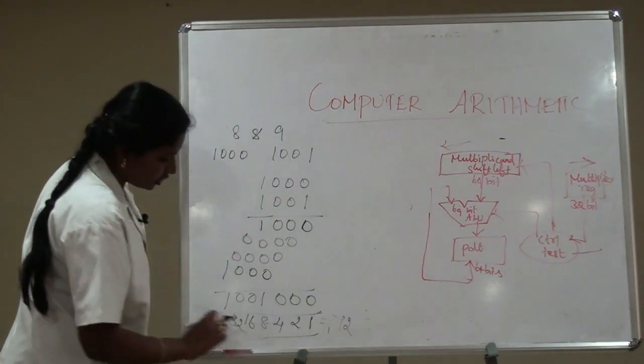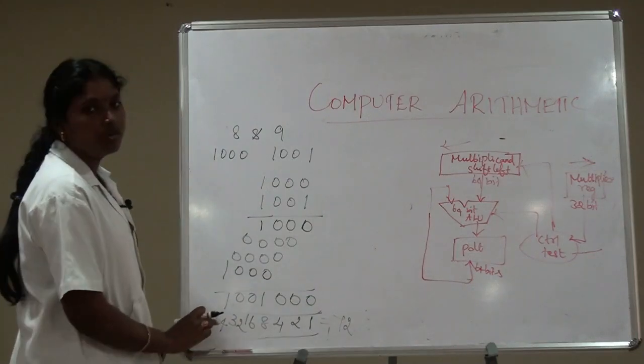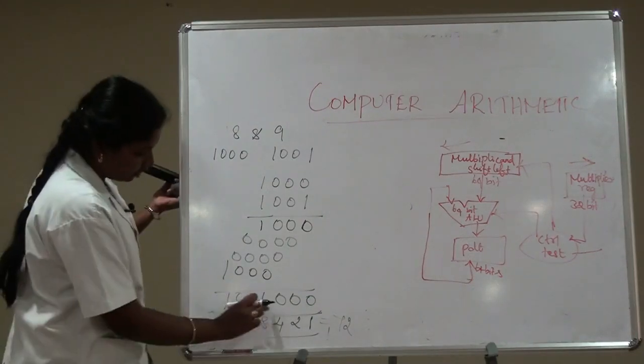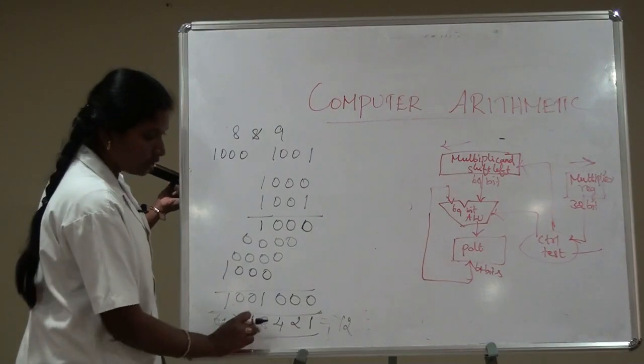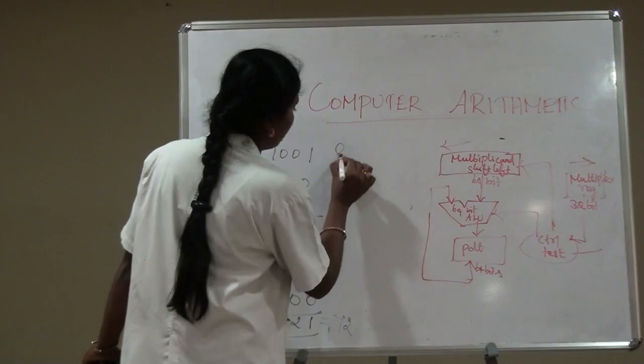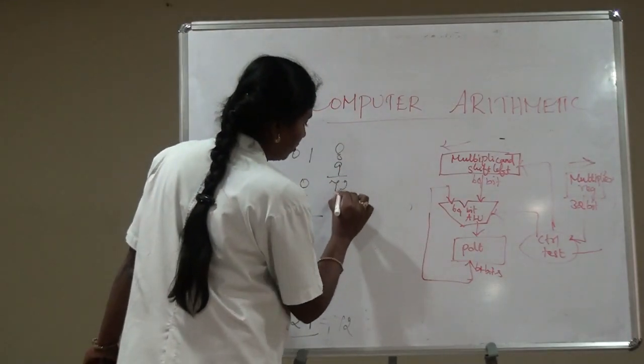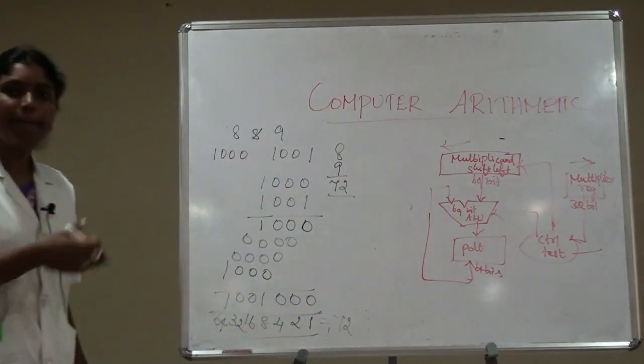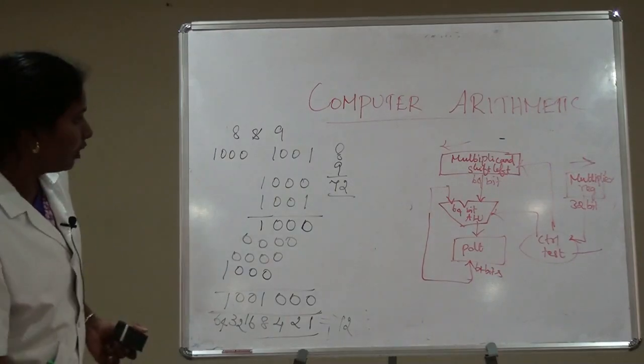So I have to check the result using the 8421 methodology. I have to check this value: 64 plus 8, the value is 72. Normally you multiply 8 into 9, the value is 72. Okay, this is binary multiplication.